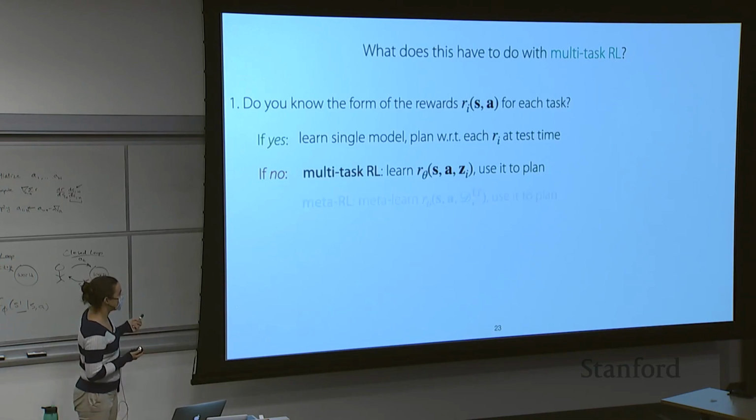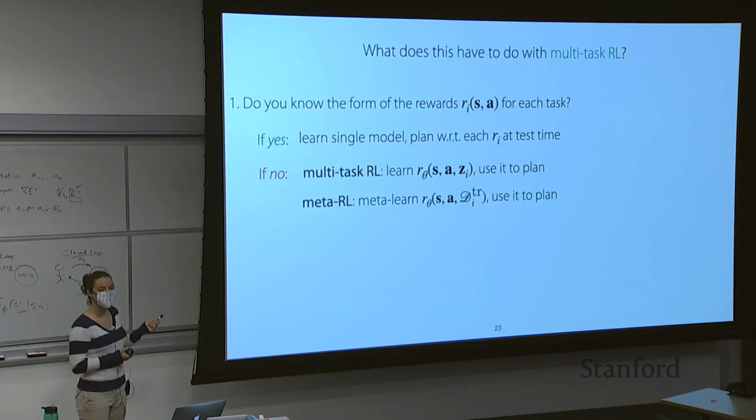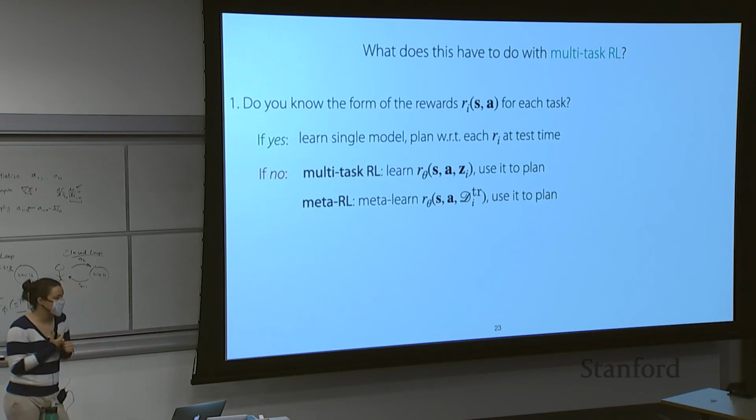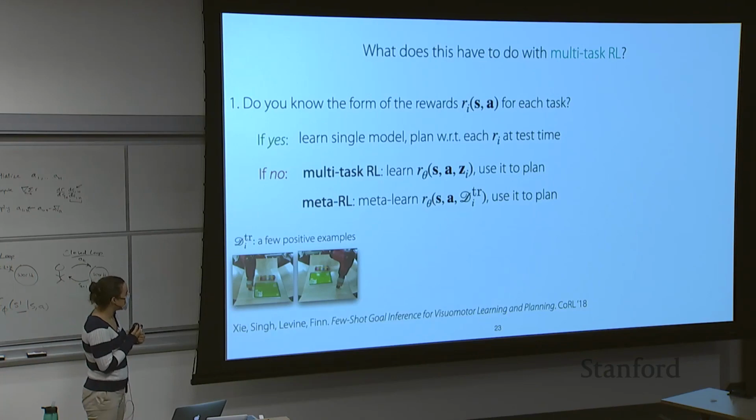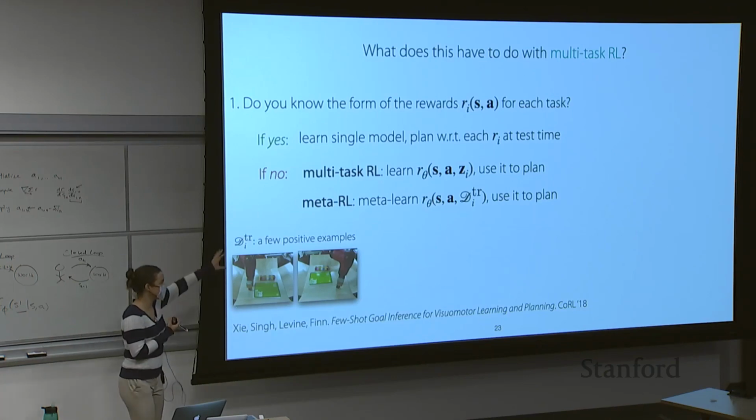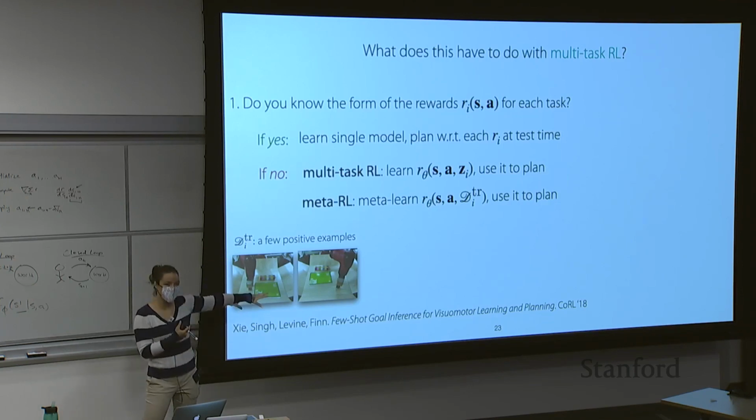Another thing that we could do is meta-learn a reward function, where we're given a few examples of success and failure, and we want to adapt our reward function based on that data. An example of this is a meta-learning approach for learning a success classifier, where you give it some positive examples of success.